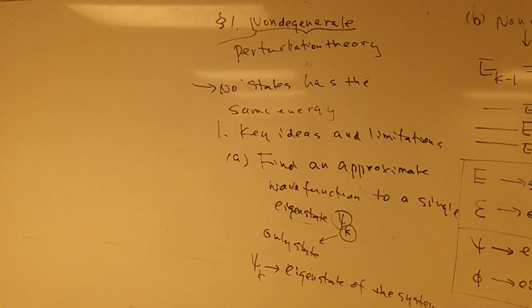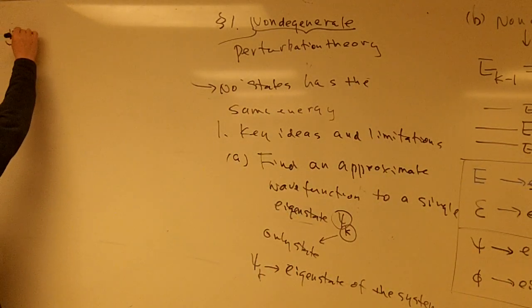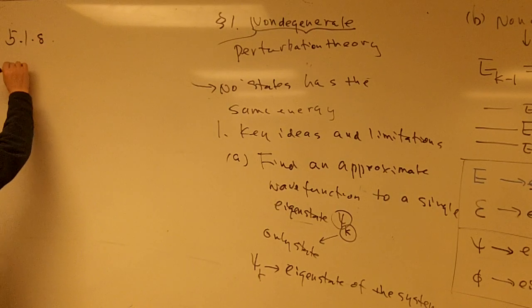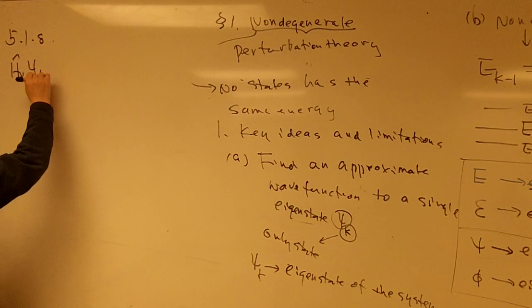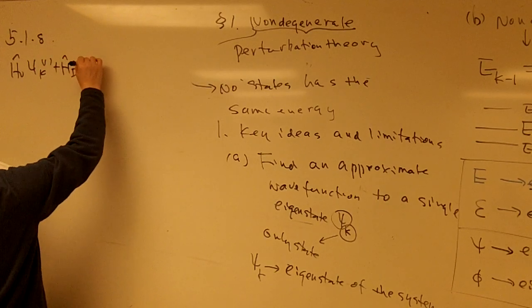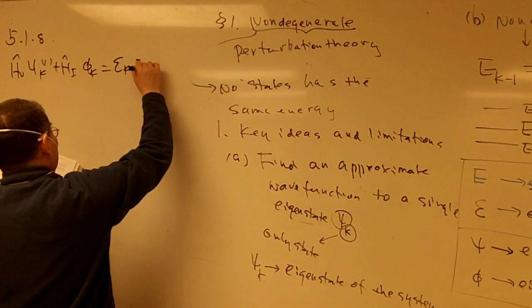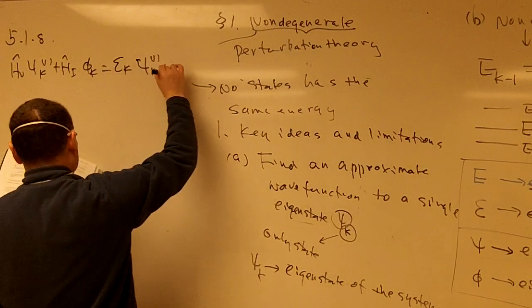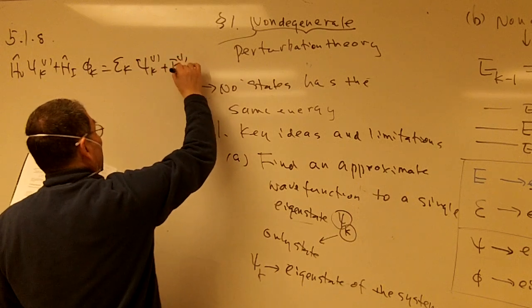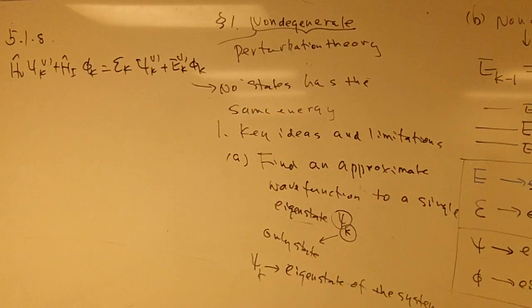Then you copy that equation down here, so that way you will be able to see. This is 5.1.8. Could you guys write this down? H naught psi k, and this h hat phi sub k equals epsilon k psi k plus e psi k. And then we have phi here like this. So this is the one that we had before. So this is the equation.